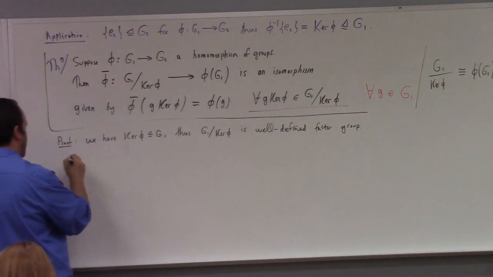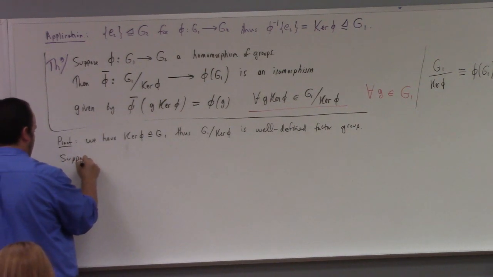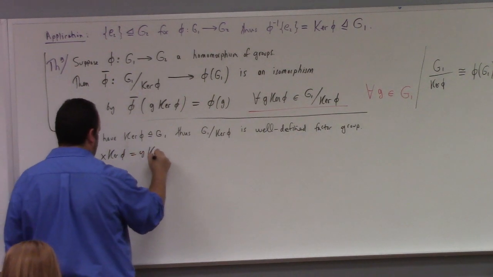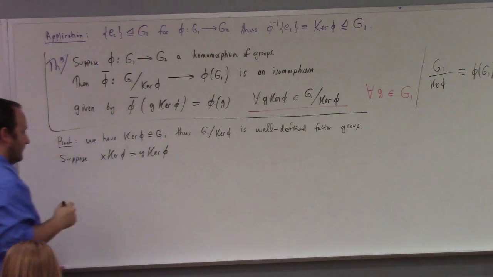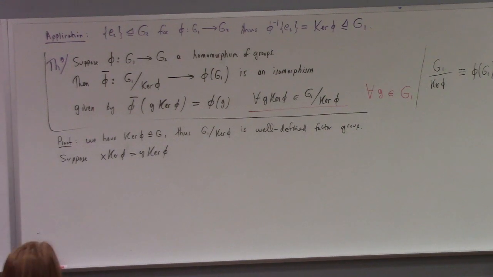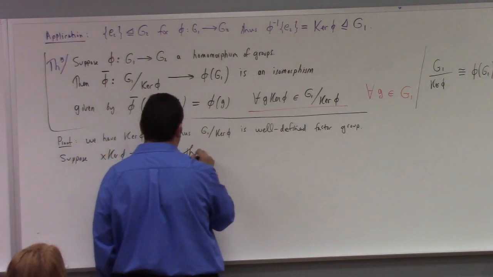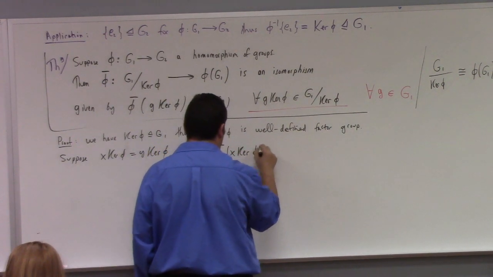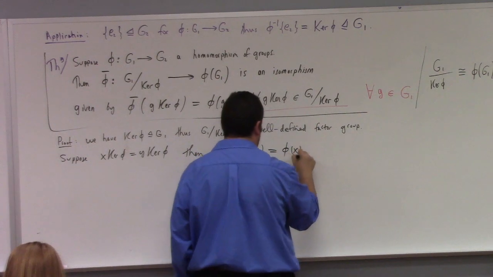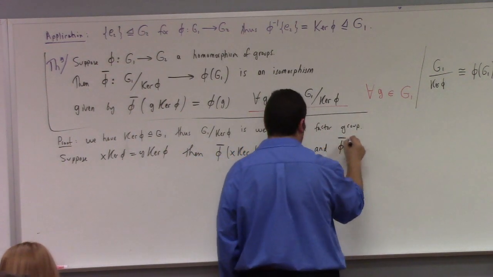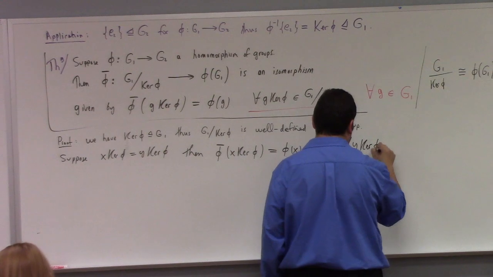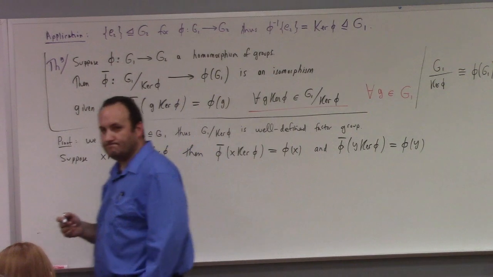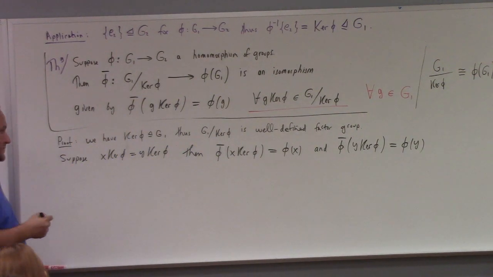And suppose that x kernel phi is equal to y kernel phi. Then what? Then phi bar of x kernel phi is phi of x, and phi bar of y kernel phi is equal to phi of y, right? So what does that say about x and y?